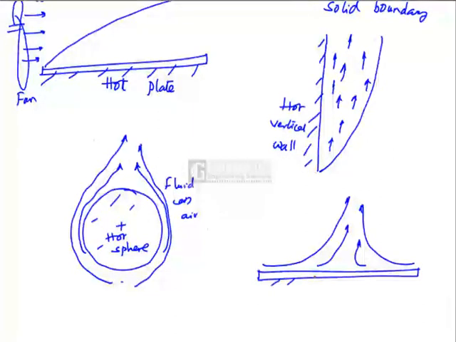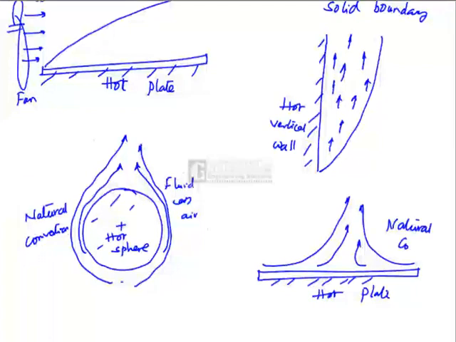In the case of natural convection, this is natural convection. This is a hot plate. This is also natural convection. Whereas this is the boundary layer in the case of forced convection, the hydrodynamic boundary layer.